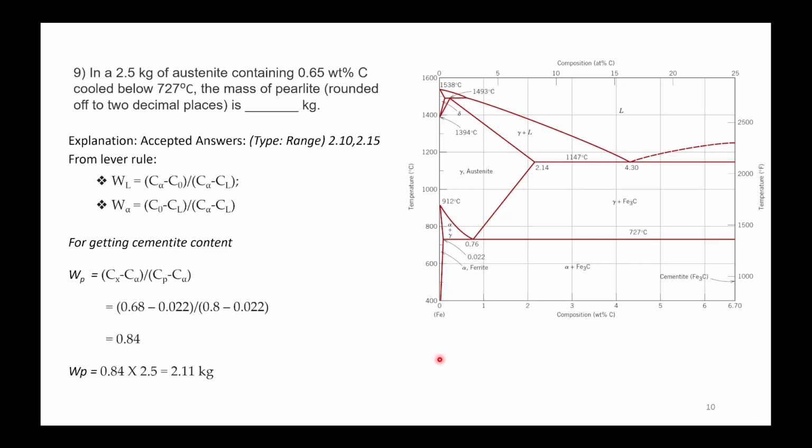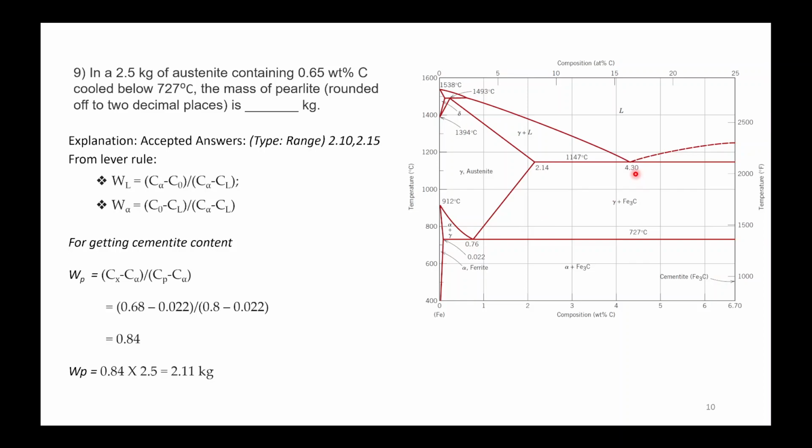I mean, at 0.76, on cooling we will be getting alpha plus Fe3C, and when we go through till 6.7, we will be getting the same alpha plus Fe3C, isn't it? So, is there any reaction in which we get this Fe3C decomposition separately? At which points are you talking, like the eutectic and eutectoid temperatures?